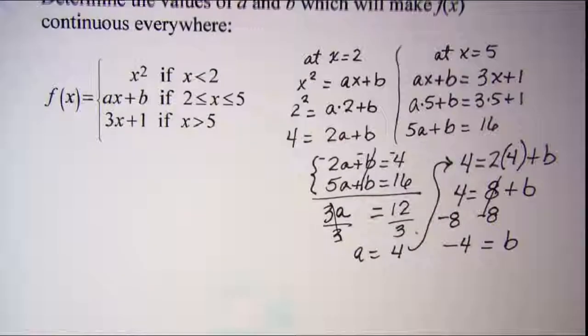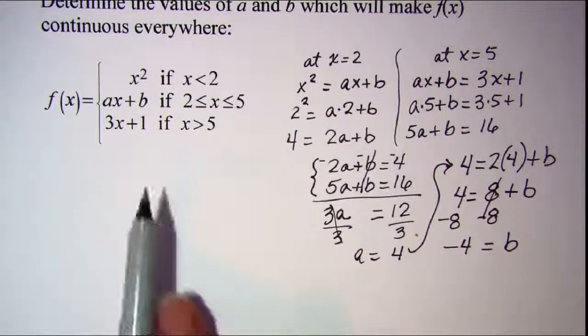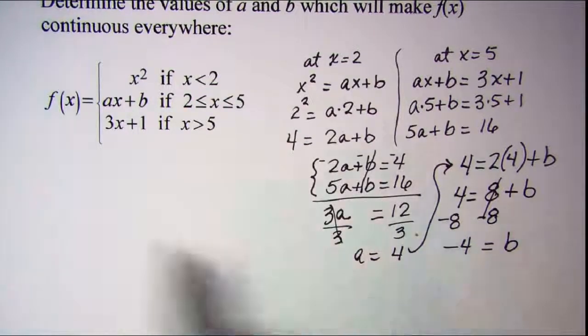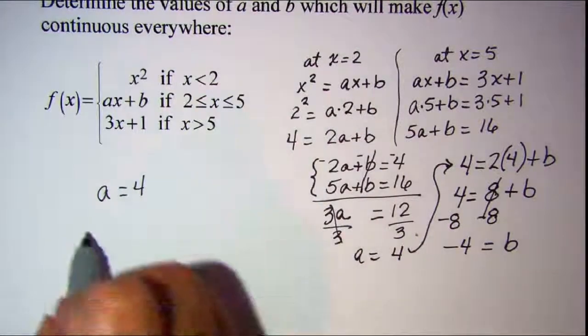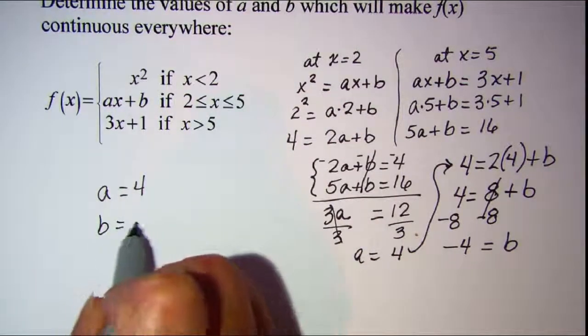So for our problem then, in order for this to be continuous, a is equal to 4 and b is equal to negative 4.